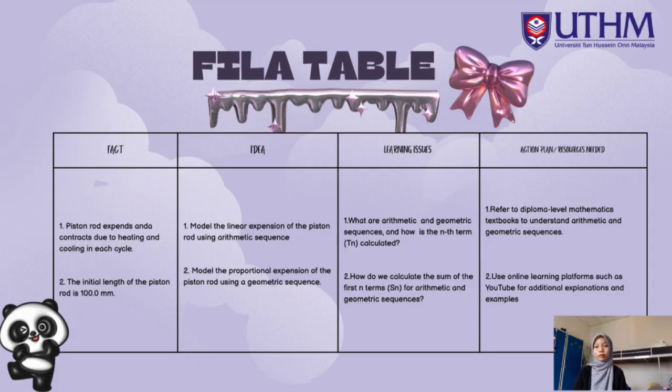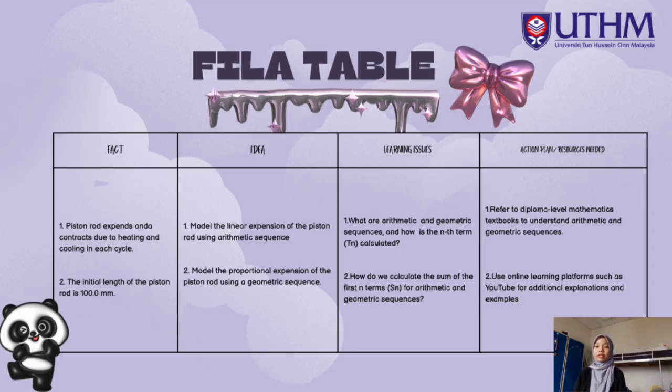The arithmetic sequence is used to represent linear expansion where the length increases by the same amount each cycle. The geometric sequence is used to represent proportional expansion where the increase becomes larger over time. Using these sequences, we calculate the length of the piston rod at a specific cycle, Tn, and the total expansion up to cycle n, Sn.